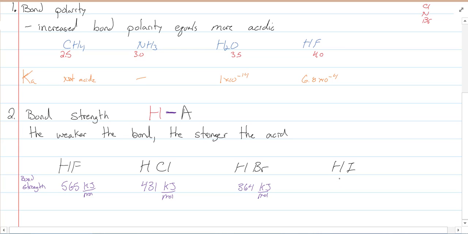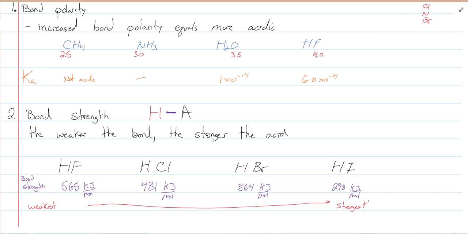And HI, 298 kilojoules per mole. And we're going to say that we have the weakest to the strongest. In fact, in Chem 1, HF is the only one with the constant. All the other ones we just consider strong, and we're going to keep it that way. So those are the two factors that affect acid strength for binary acids.